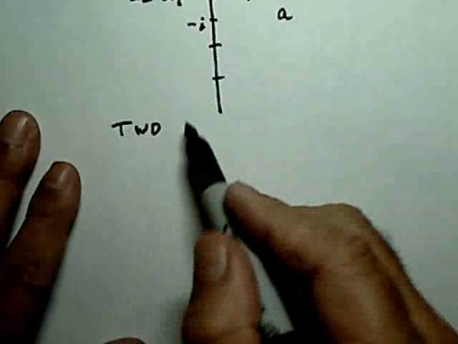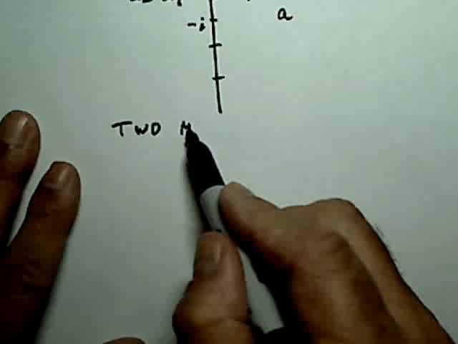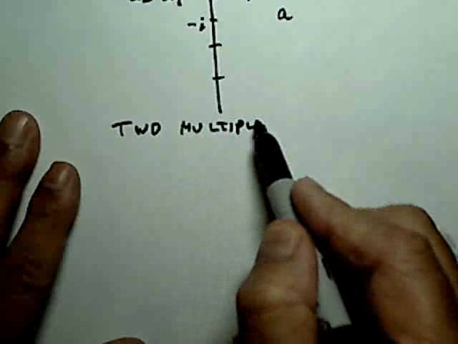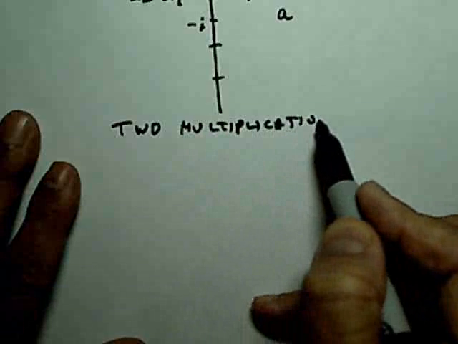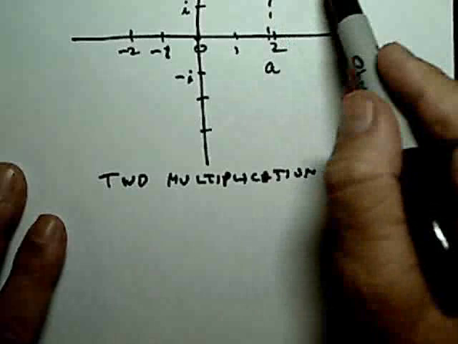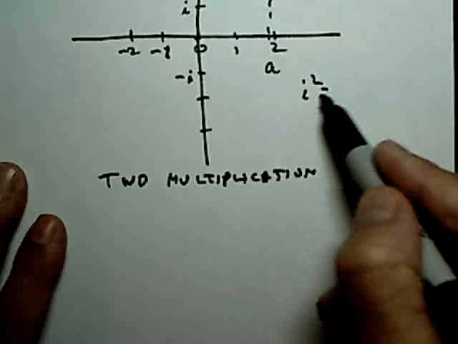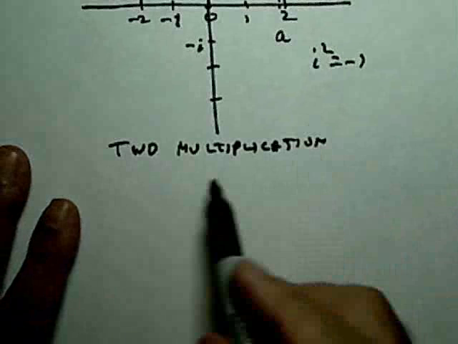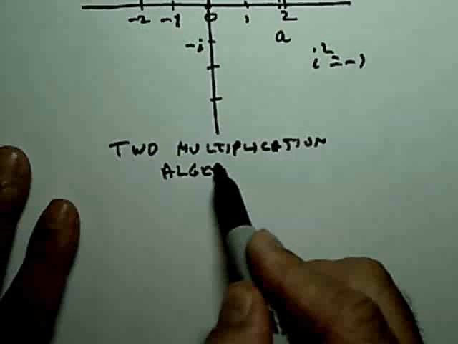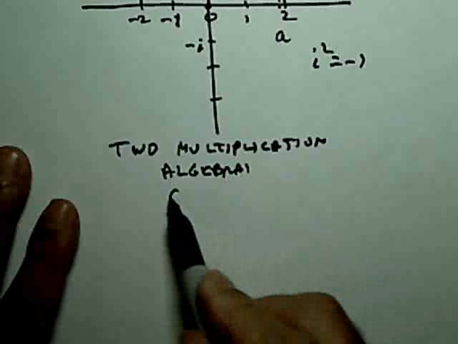Well, first of all, addition is very easy. It's just vector addition. But there's two ways to define multiplication. And one is the algebraic way, where you would just take two complex numbers and multiply them out and use the fact that i squared is equal to minus 1. And then the other way is geometric. So there's the algebraic way and there's the geometric way.